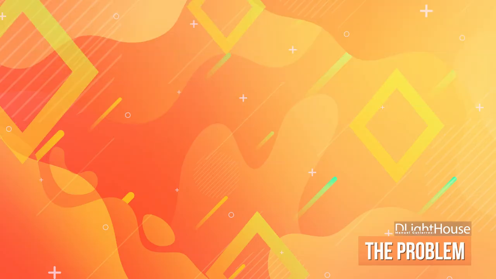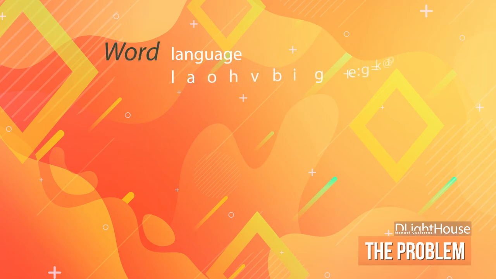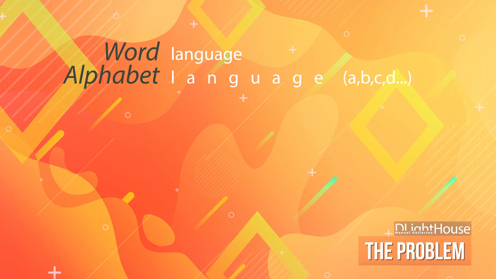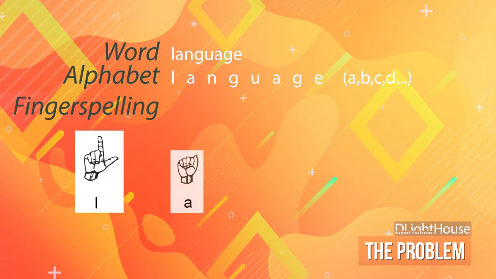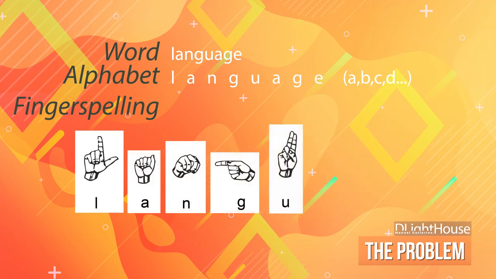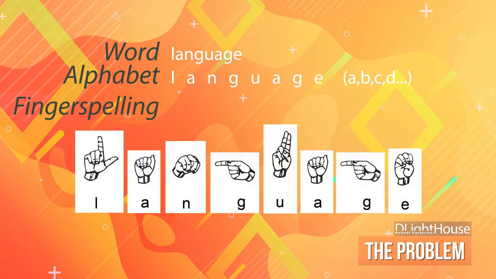Like with a spoken language, where we can take words apart by spelling each letter using the alphabet, for sign languages we have what is called fingerspelling, which is the manual representation of the letters and numbers by using the hands, for example.